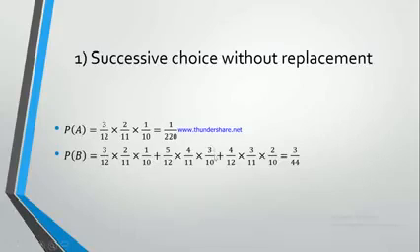But for the black balls, we have 5 black balls, so the probability is 5 over 12 times 4 over 11 times 3 over 10, plus the probability of blue balls, and we have 4 blue balls over 12 times 3 over 11 times 2 over 10, and the final answer is 3 over 44.